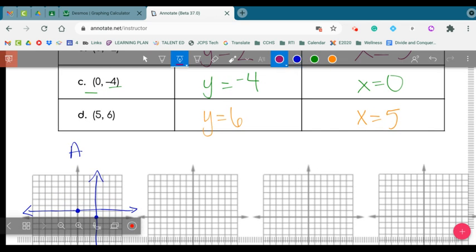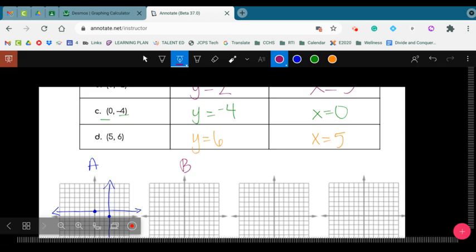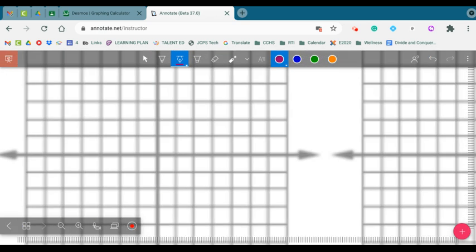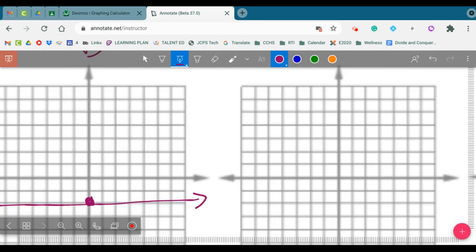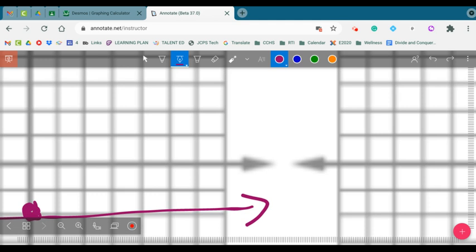So for the second one, we have y is -2. Draw your horizontal line. These are not perfect lines, you guys. And we had x equals 5. So on x is 5, we're going to draw a point.